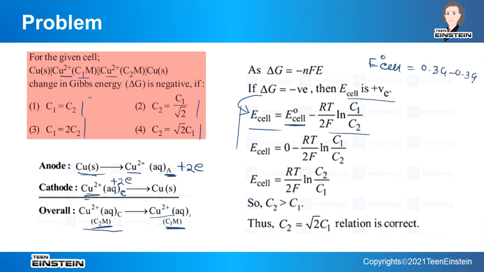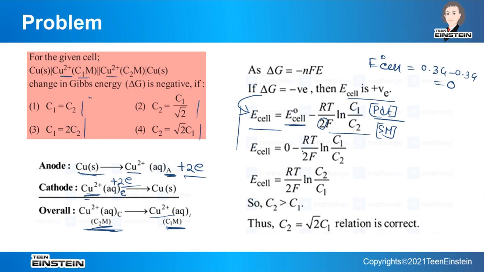So it is 0, because it is the same system. And here 2 electrons are involved, so that is why we have written 2F and then ln C1 by C2. Now remember, the product side will be first, that is product concentration divided by starting material concentration. So on the starting material side, the left hand side, we have C2. That is why C2 is in the denominator.